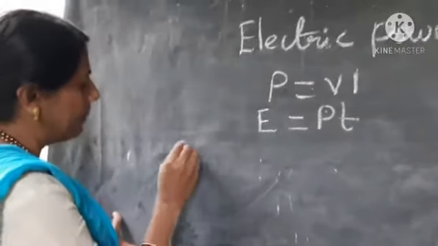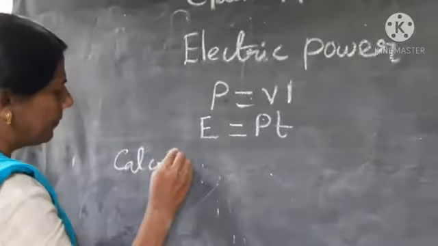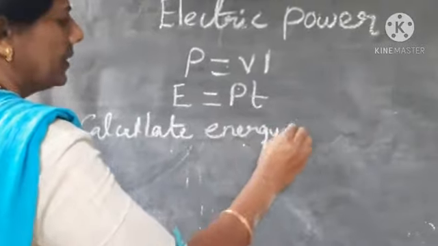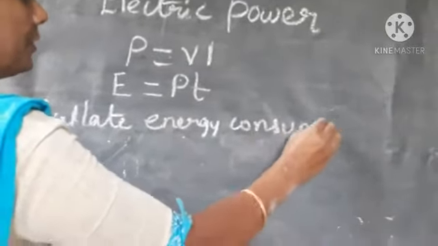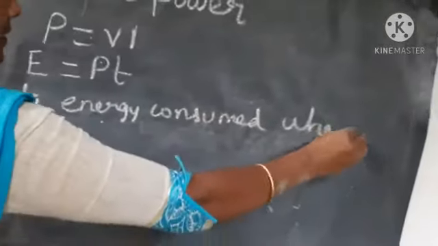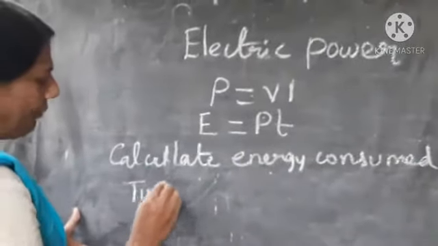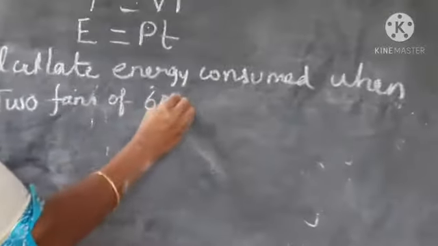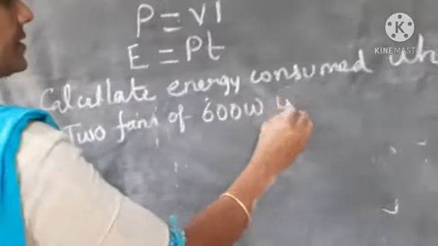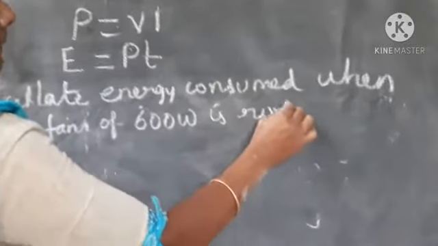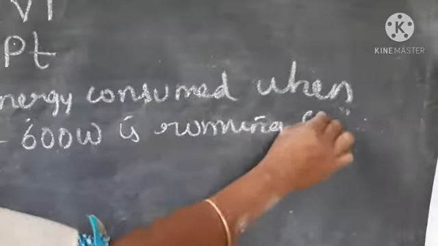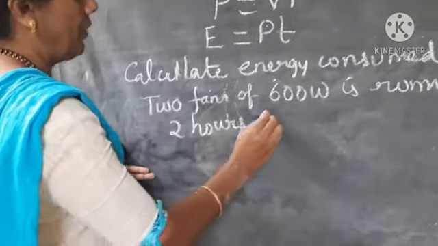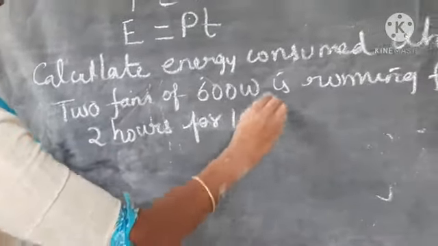For example, calculate the energy consumed when two fans of 600 watt are running for 2 hours for 10 days.